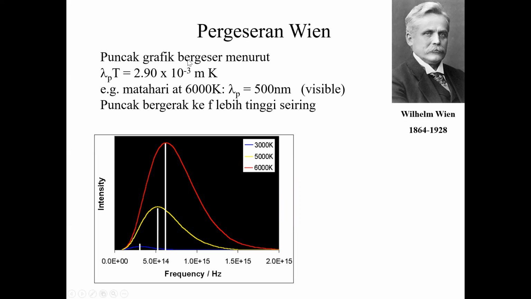Using this Wien's law, we could estimate that the sun's surface temperature is around 6000 Kelvin. So this is the advantage, how we know about the surface temperature of the sun. 6000 Kelvin.